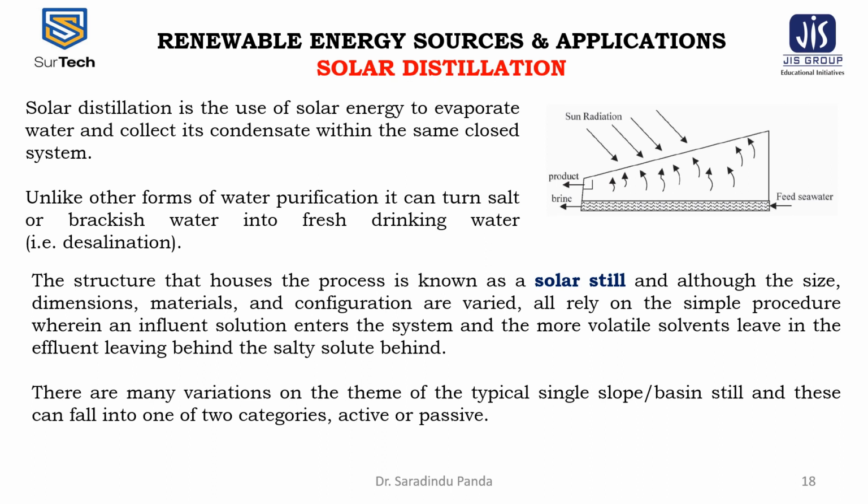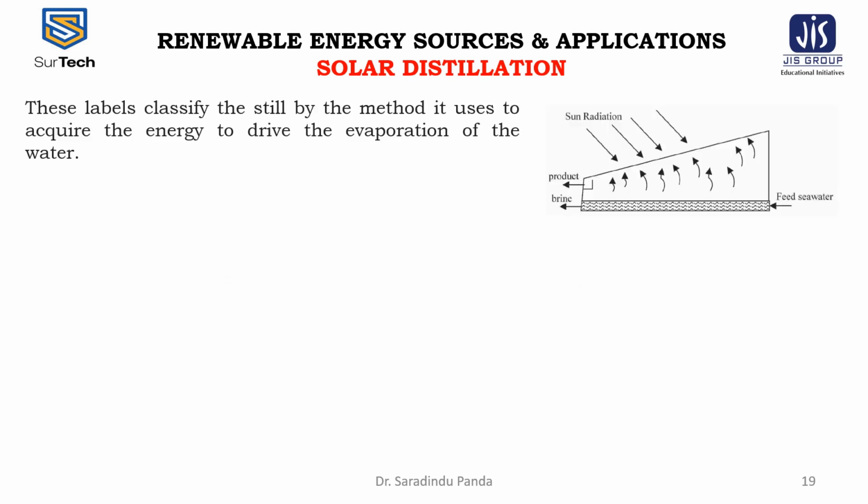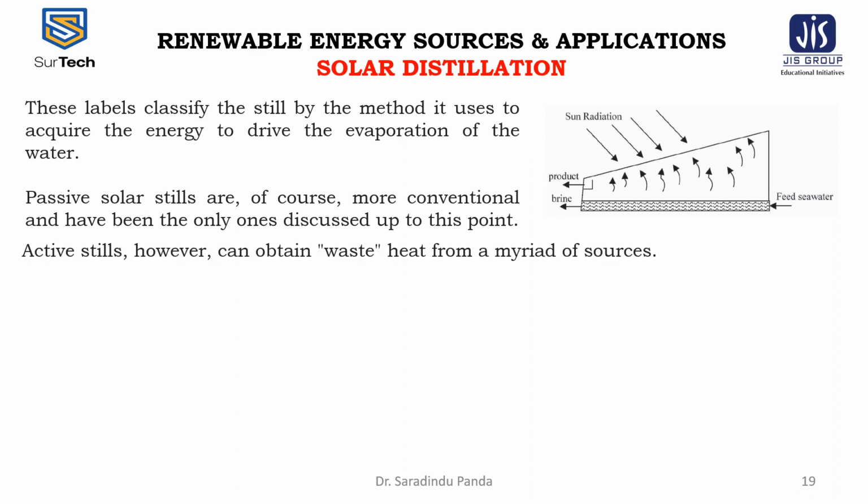There are many variations on the theme of the typical single slope or basin still, and these can fall into one of two categories, active or passive. These levels classify the still by the method it uses to acquire the energy to drive the evaporation of the water. Passive solar stills are of course more conventional and have been the only ones discussed up to this point.